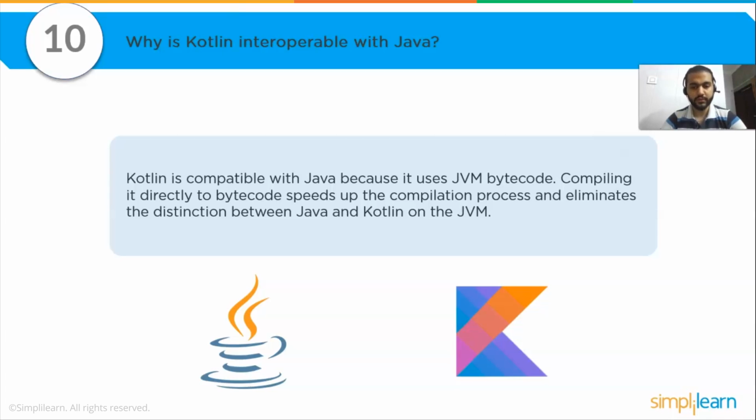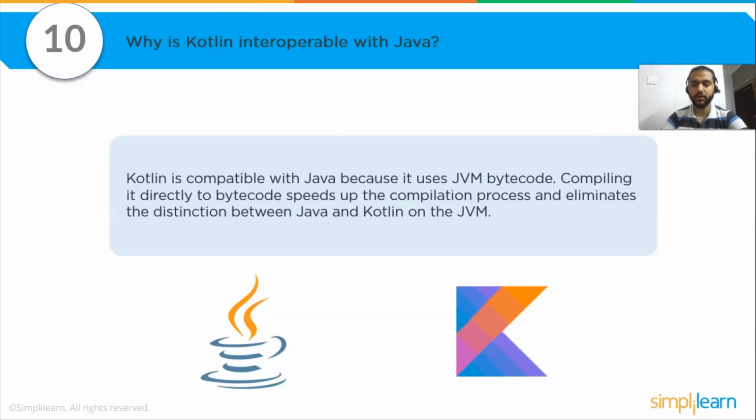The team ensures that Kotlin can interface with existing Java code easily and thoroughly. Compiling it directly to bytecode speeds up the compilation process and eliminates the distinction between Java and Kotlin on JVM. So this is the reason Kotlin is interoperable with Java.